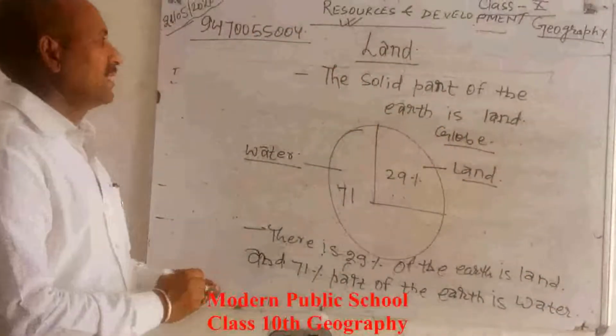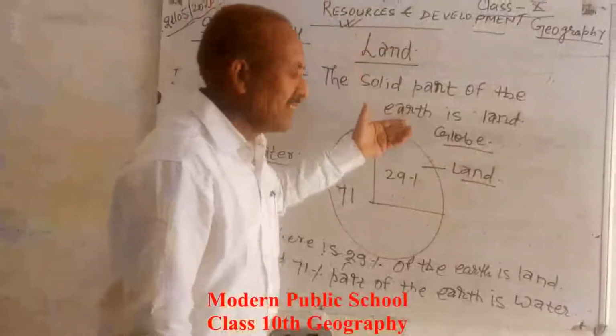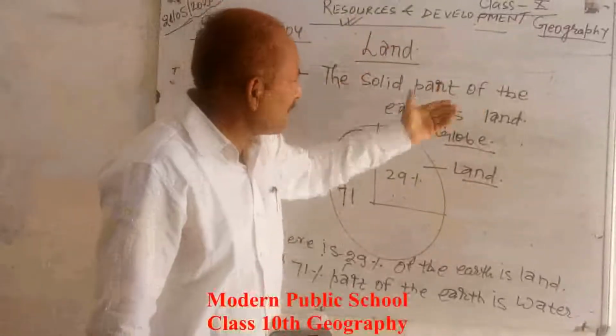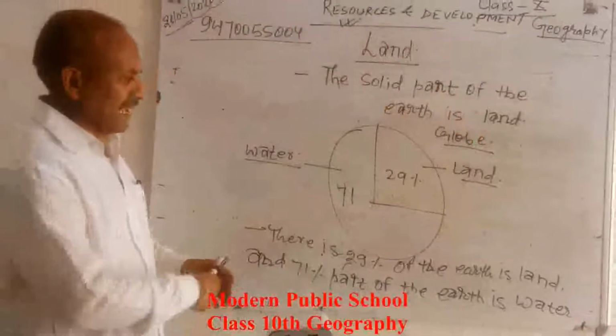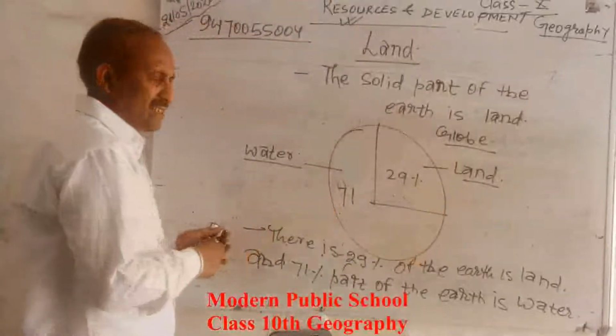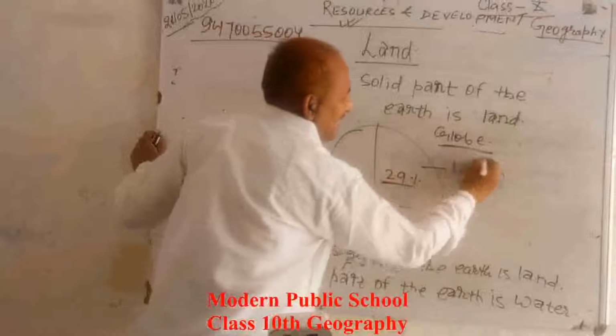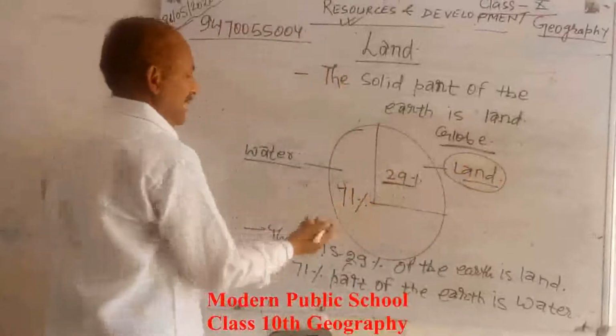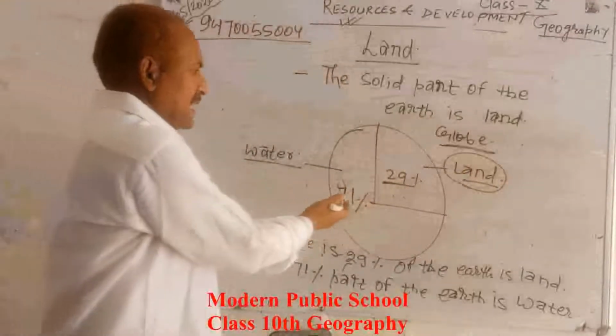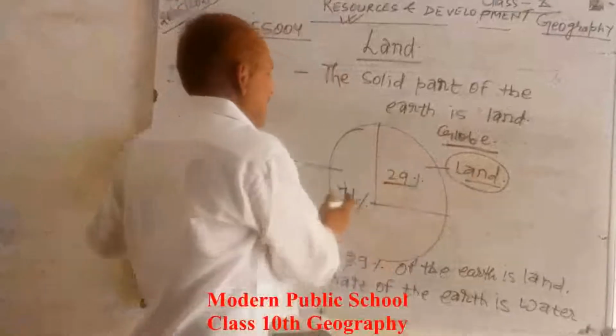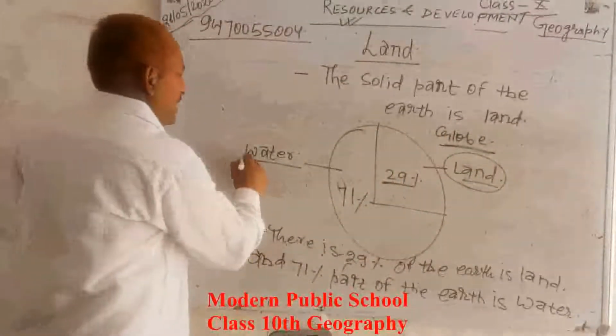Okay, what is land? Land, the solid part of the earth, is land, and in this diagram of the globe, 29% is land and 71% is water. 100%: 29% land and 71% water.